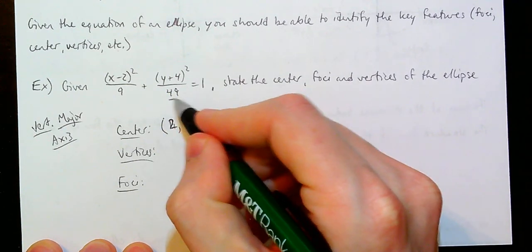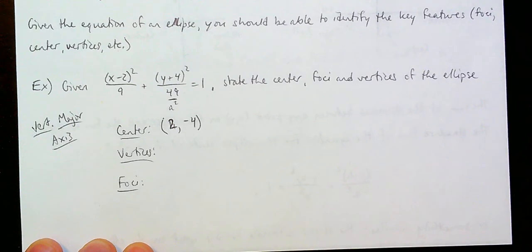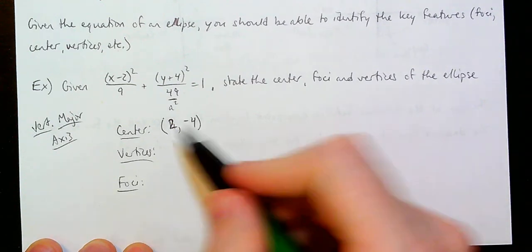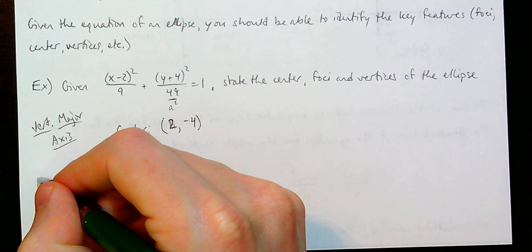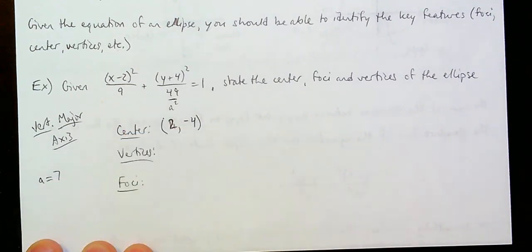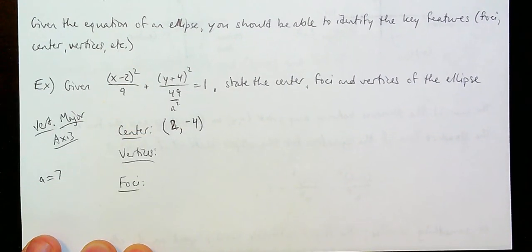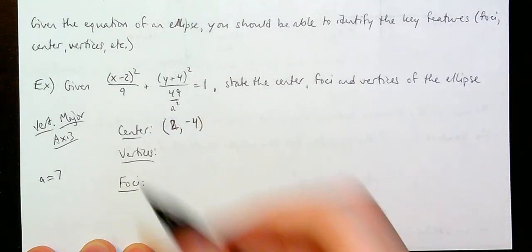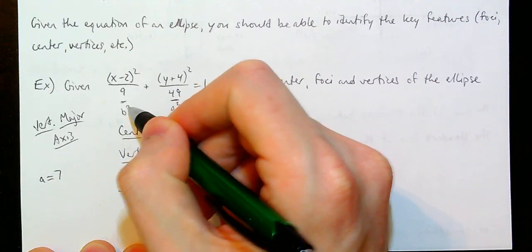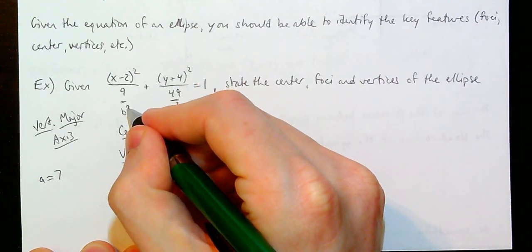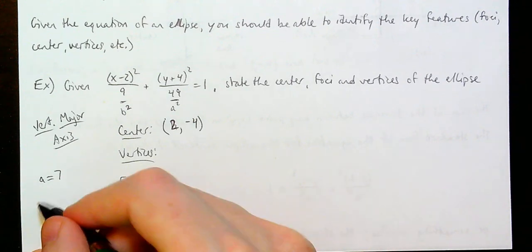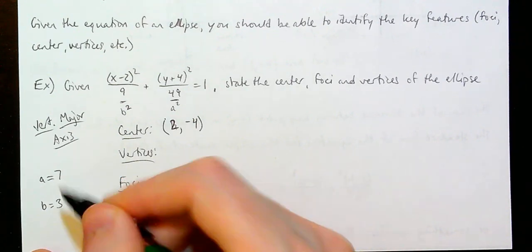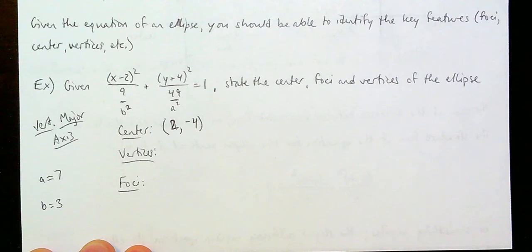So this is our a squared, if you compare it to the general form. 49 is a squared, so a is going to be 7. And because we're going to need it for our foci, this number 9 here is our b squared. If b squared is equal to 9, then b is equal to 3, just taking the square root.